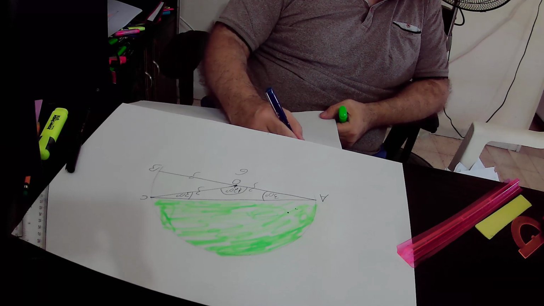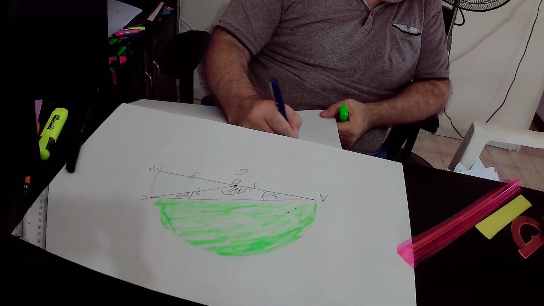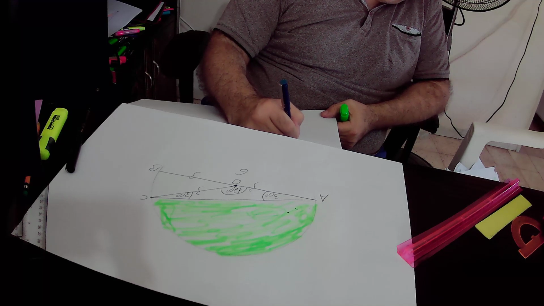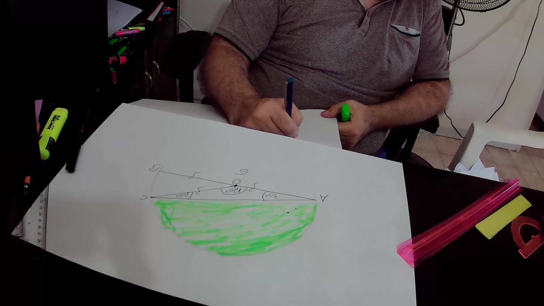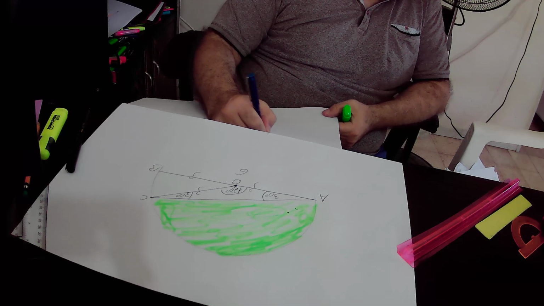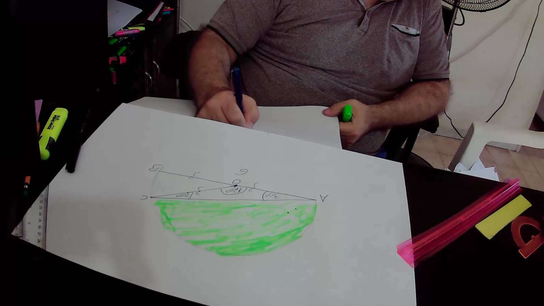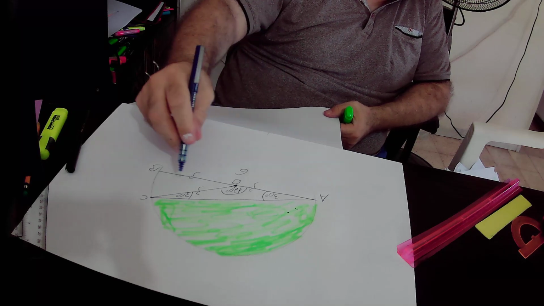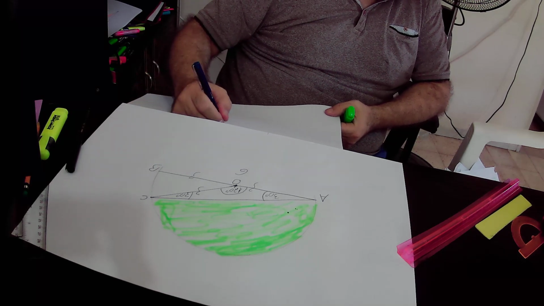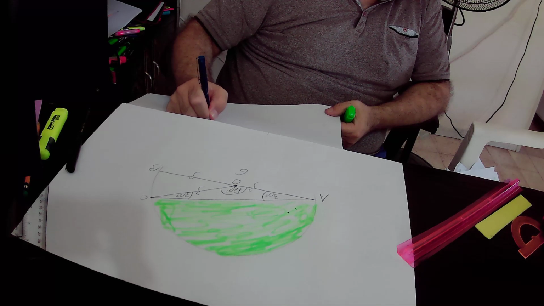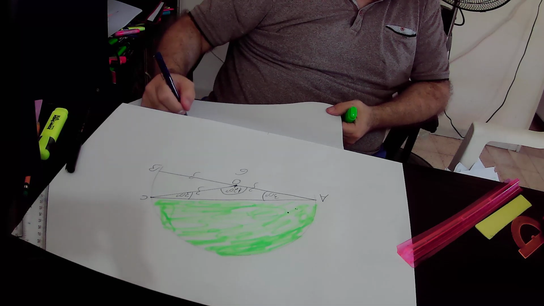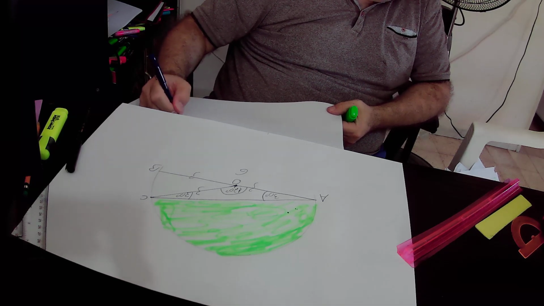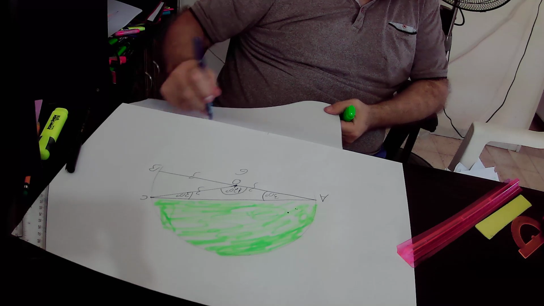The area of the green shape, according to the second method, will be equal to the area of the semicircle minus the area of triangle AOC minus the area of this sector, sector COB.